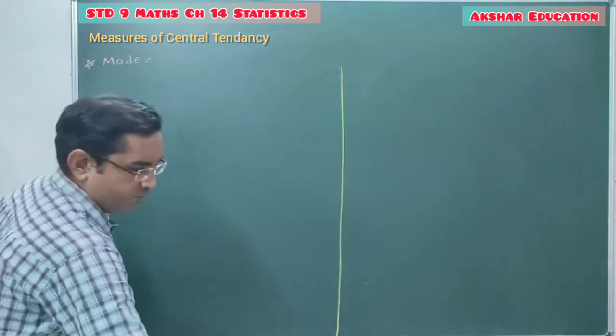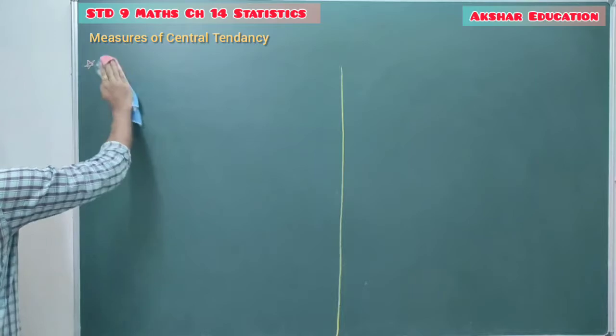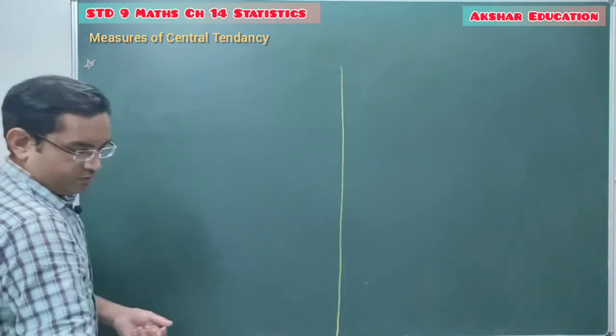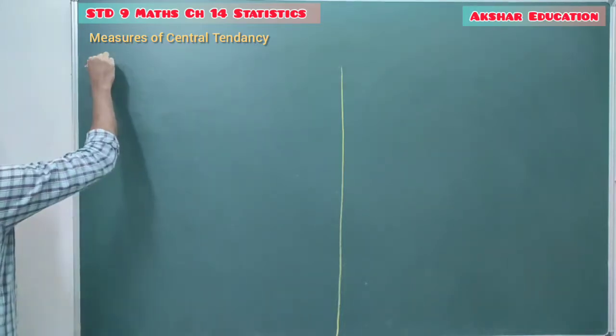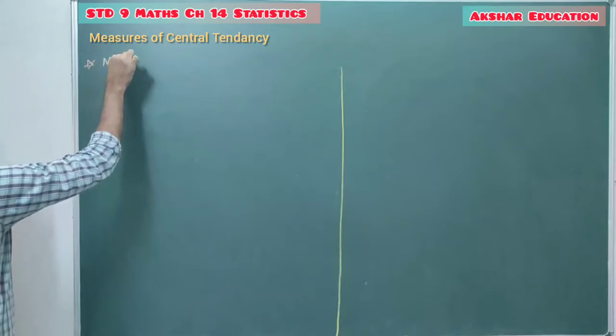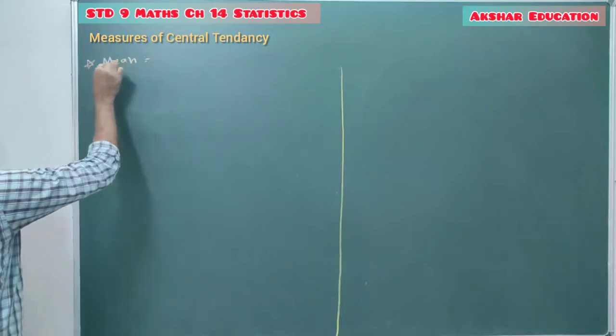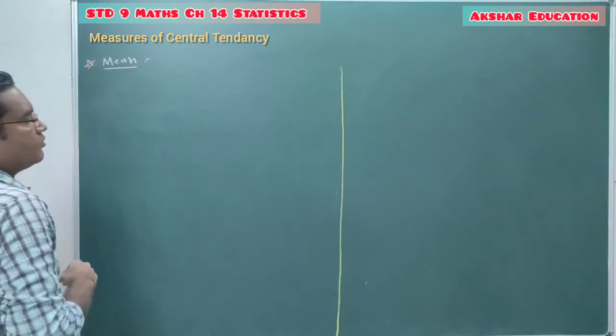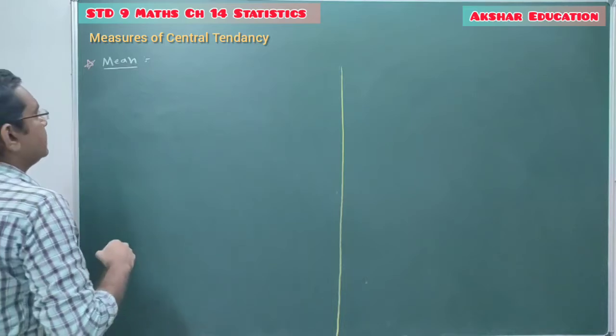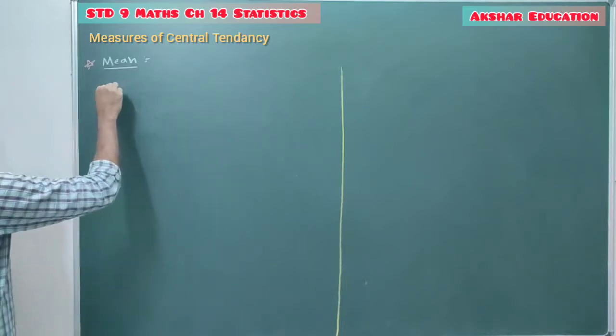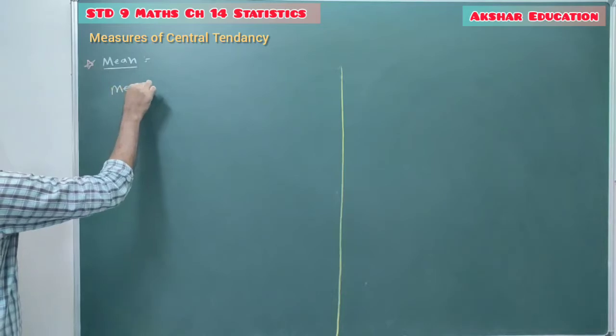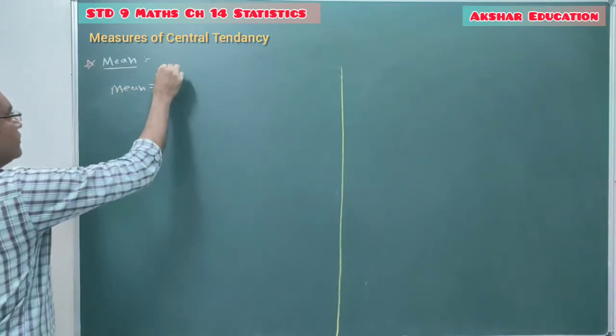First we will start with the mean. So mean of given data is nothing but the sum of all the observations.